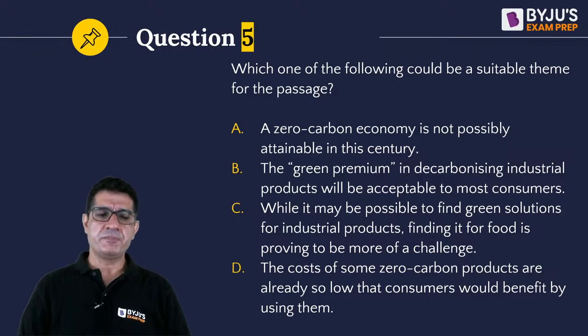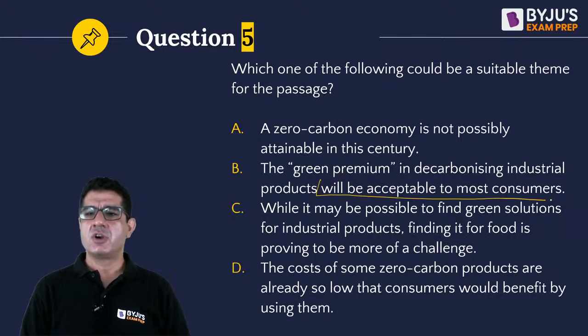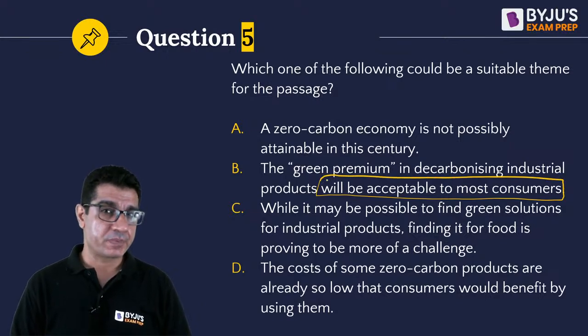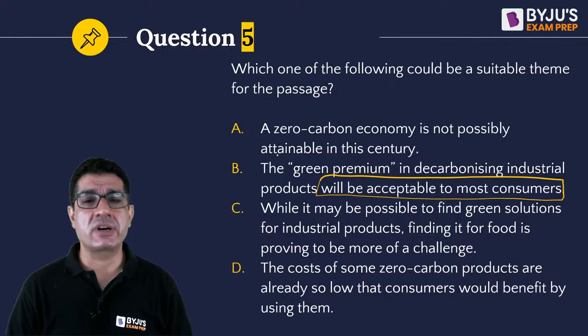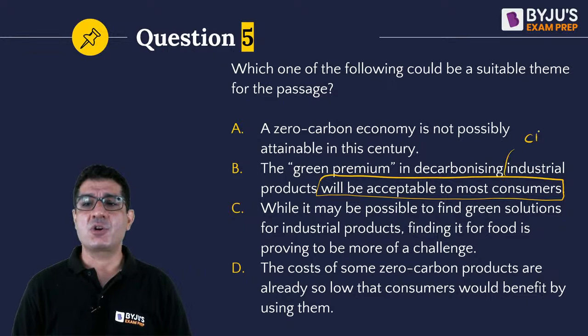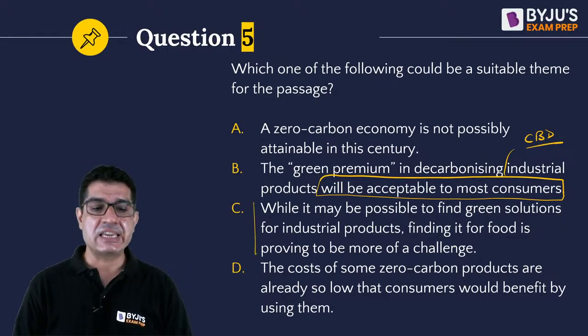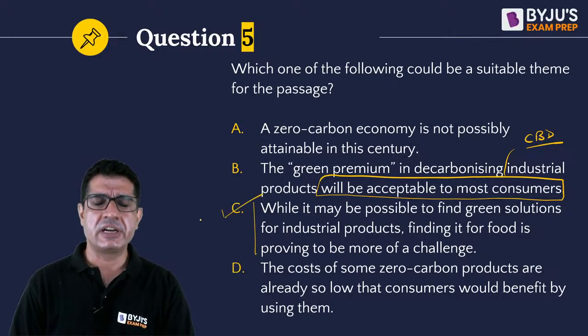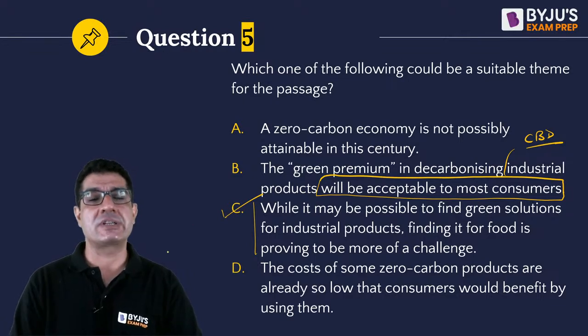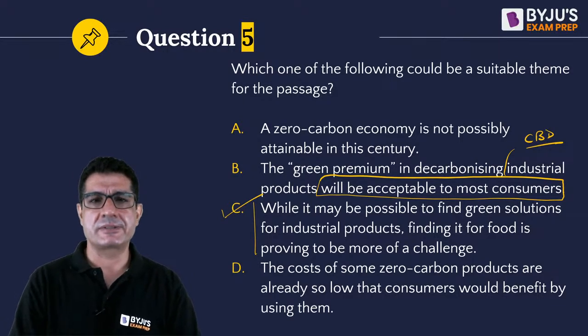Okay, so B versus C. Now notice B says the green premium will be acceptable to most consumers. All we know is that there will be a green premium. Will it be acceptable to most of the consumers or not is something that cannot be determined on the basis of what is provided in the passage, whereas C can be arrived at on the basis of the first paragraph itself, and therefore when it comes to this particular question we should opt for C over the other choices.